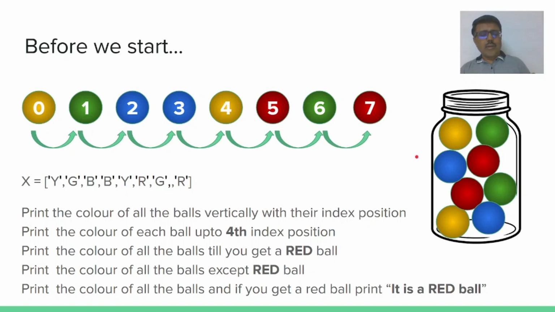Now, there is a scenario. You just pick up all the balls except the red color ball. That means if any red color balls come, you just keep it aside and continue. So when yellow, green, blue and all will be available, and the red color ball comes, you keep it aside, so you will not be marking it here.